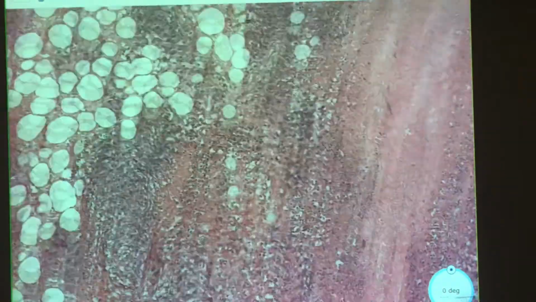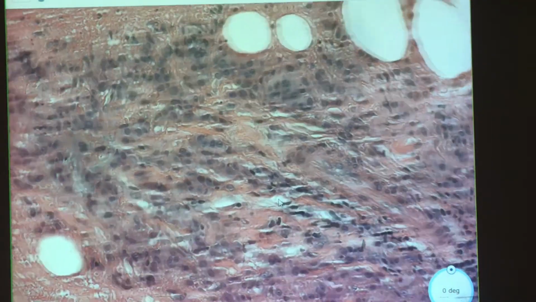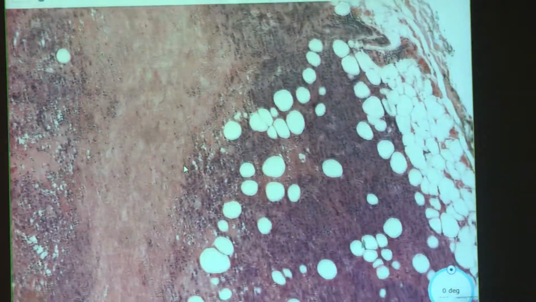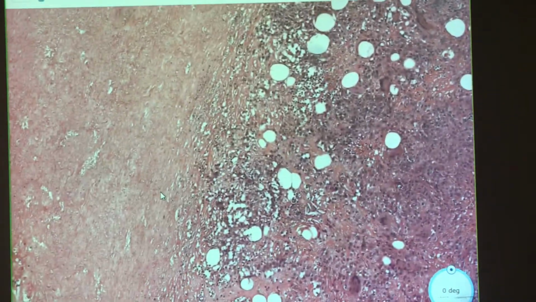Look around a little just to see what we have here. And tons of this necrotic sort of looking thing here.